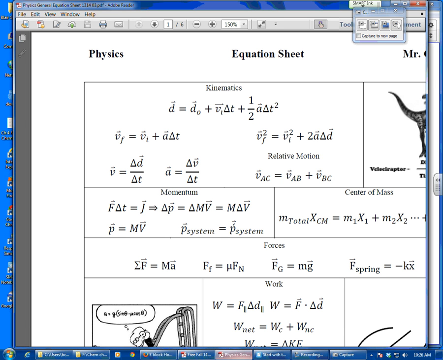All right? Does everyone see that? Yes? This says I end up going this fast because I was going this fast and I accelerated for a certain distance here. That's how I translate that equation. Yes? No? Okay.